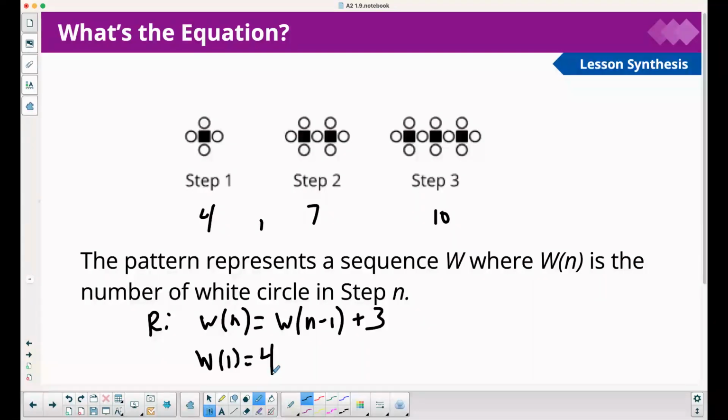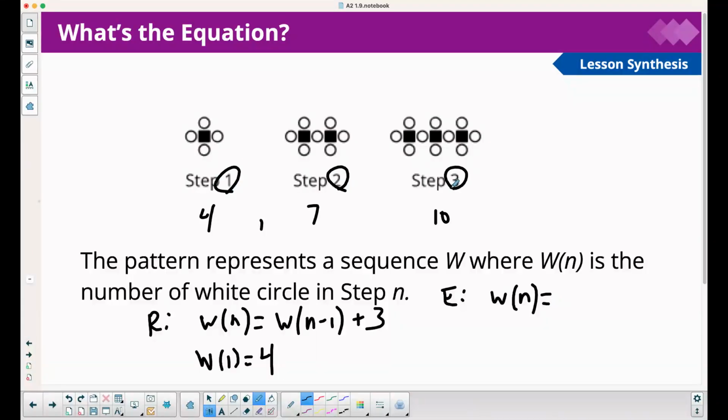My explicit formula is going to be a little bit harder. So if I want to find the nth term, what we have to do is we have to use our step number for n.